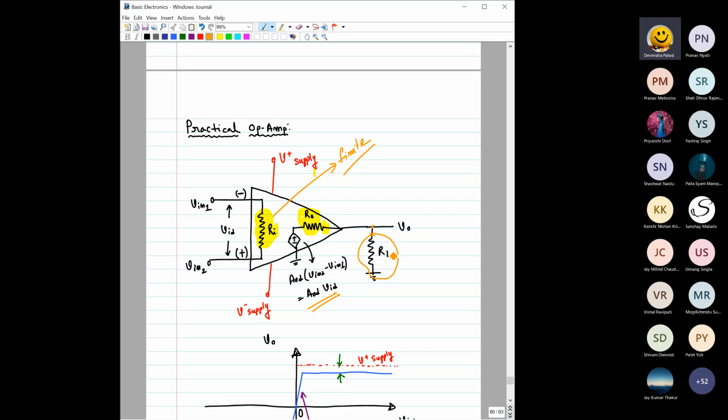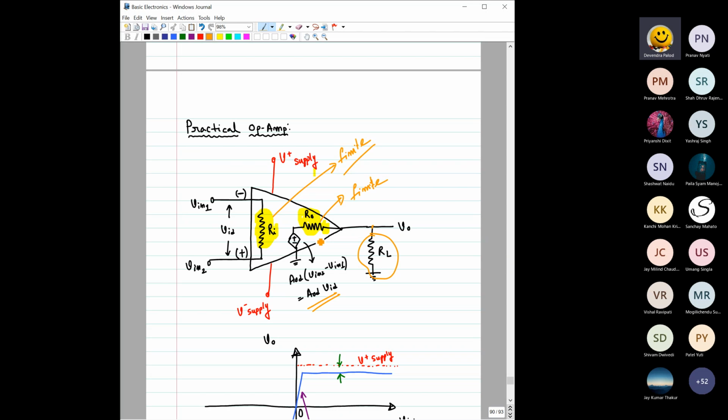Only when RL is much higher than R naught. So the output for this practical op amp would also be dependent on the output resistance and the external resistance. That way the difference is here.